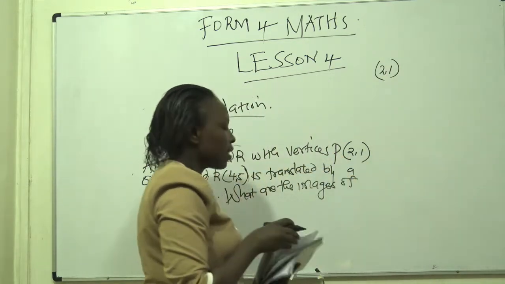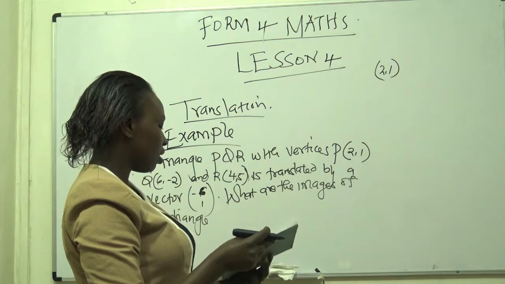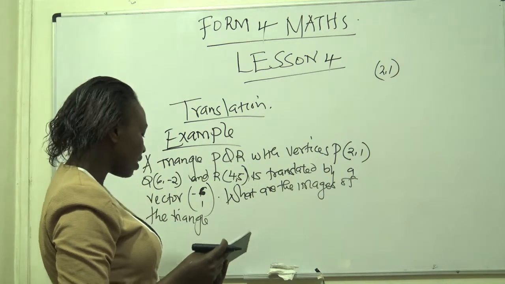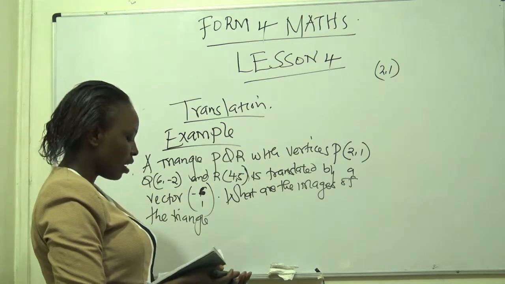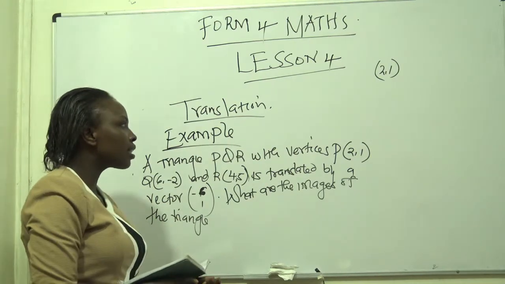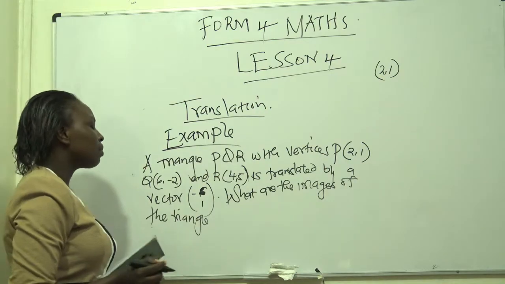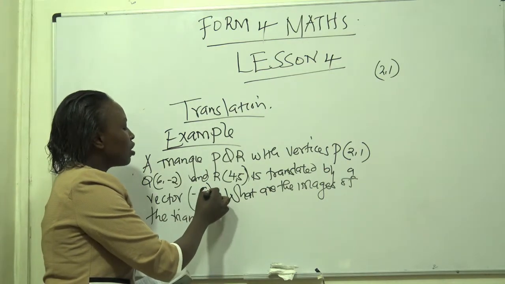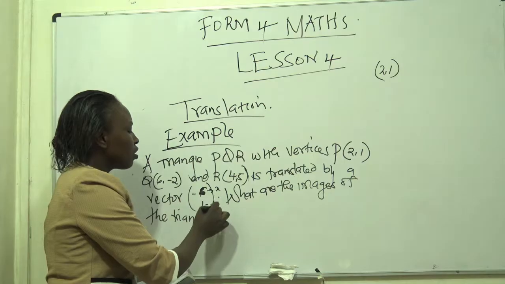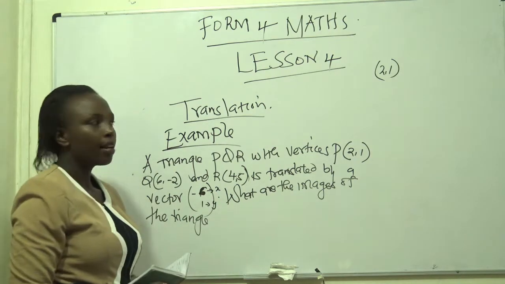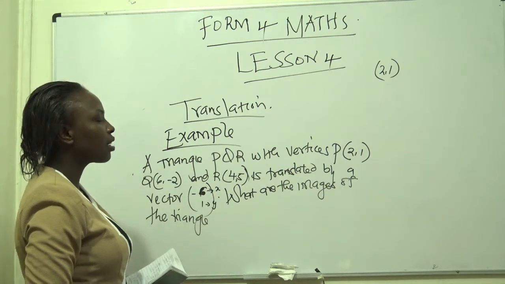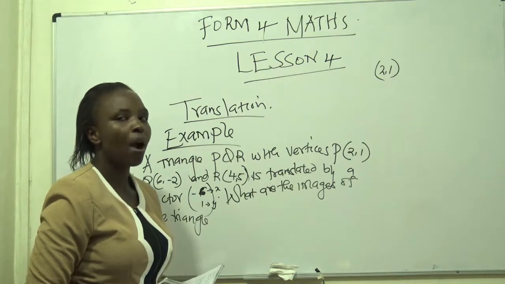Not forgetting that the x represents a movement of x units parallel to the x-axis, this negative 6 here is going to denote x, and this one is going to denote our y.